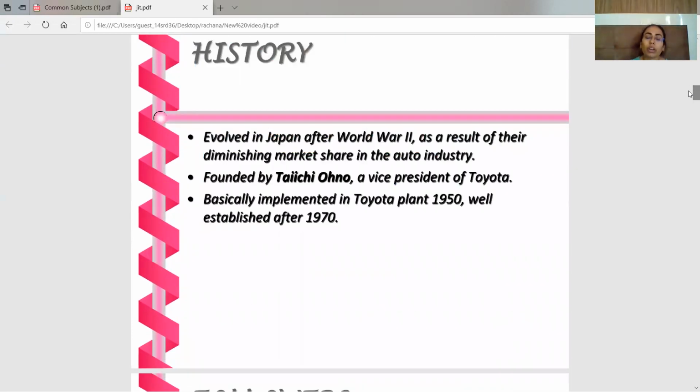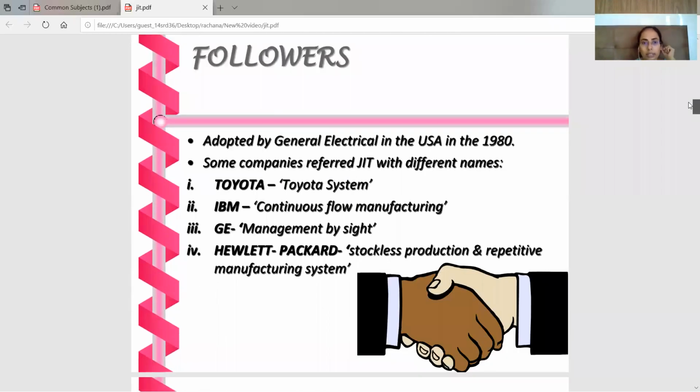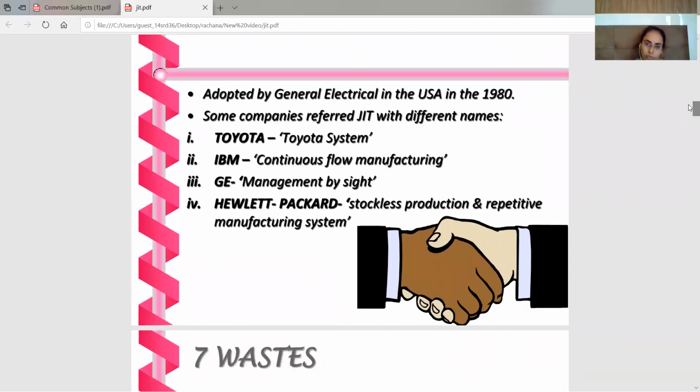If we talk about the history of JIT, it evolved in Japan after World War II as a result of diminishing sales and market share in the auto industry, and it was founded by Taiichi Ohno. This model is also followed by several organizations under different names.